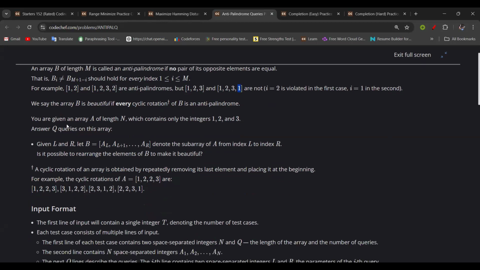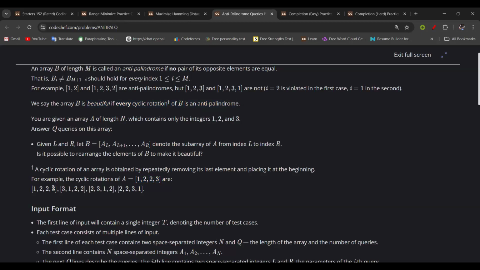Now we say the array B is beautiful if every cyclic rotation of B is an anti-palindrome. Cyclic rotation means if this is the array, you can rotate it by one cyclic shift.